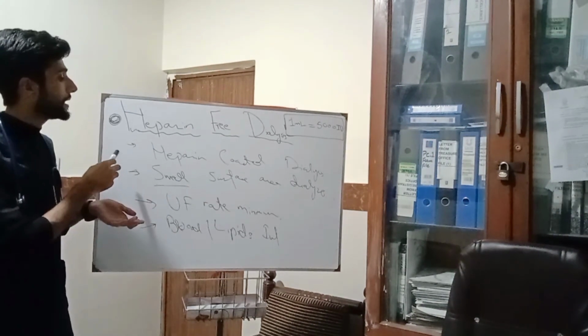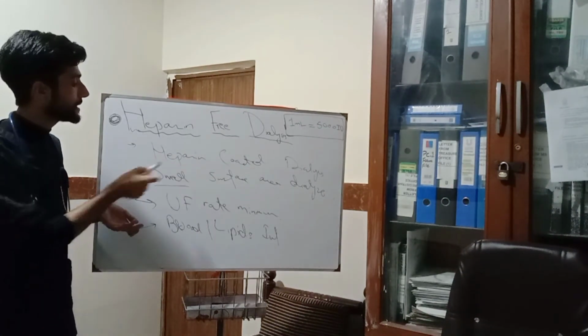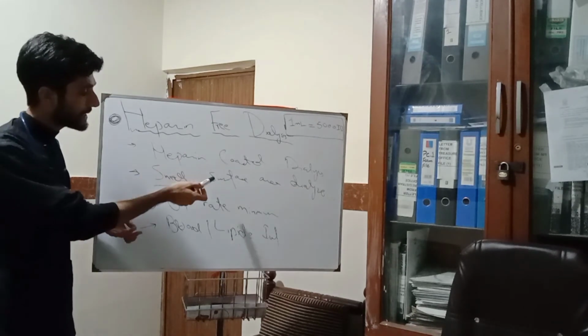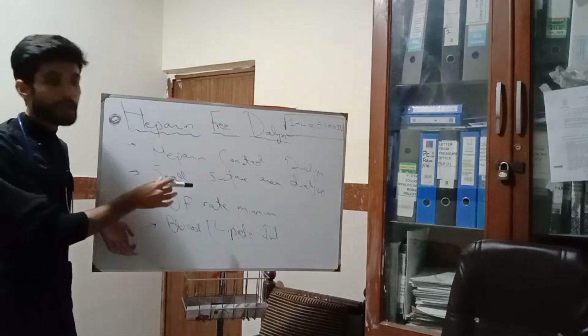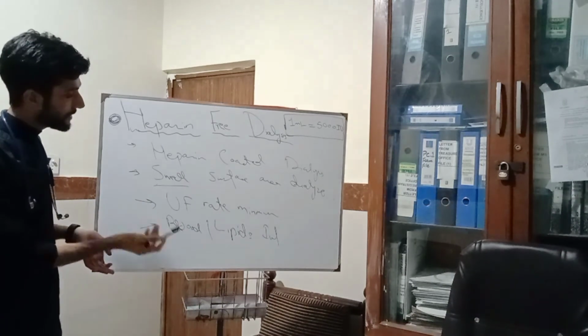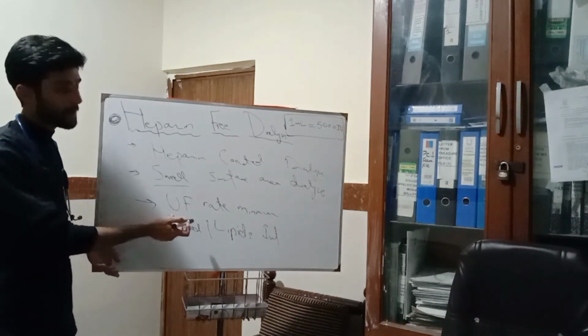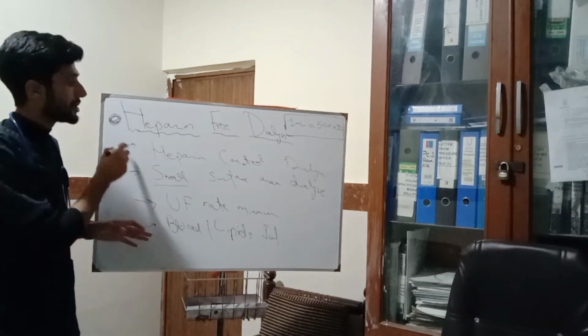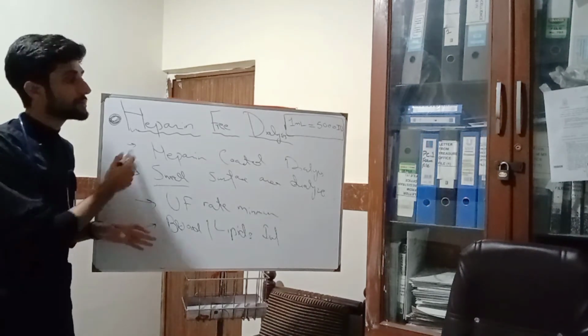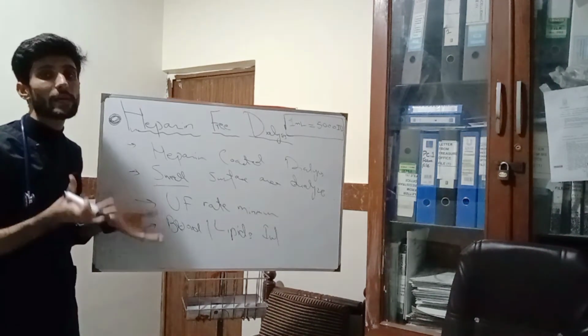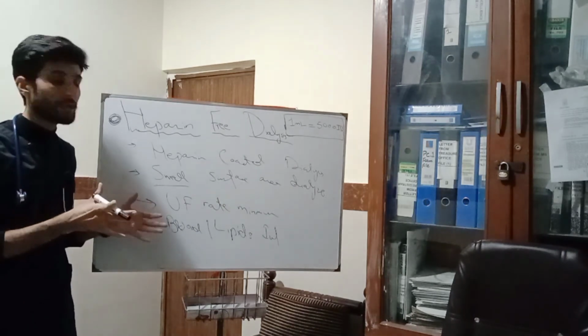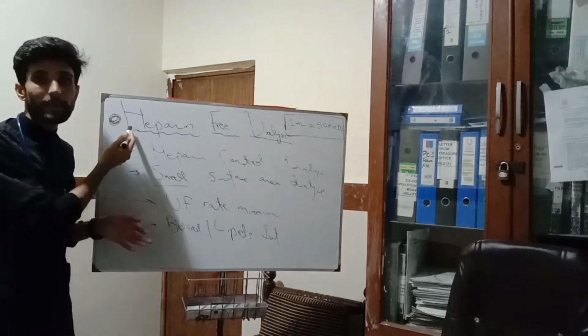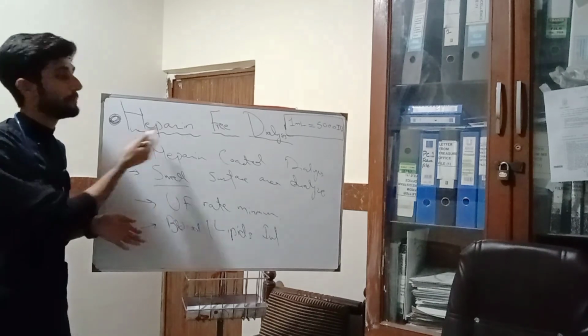And then we can use the heparin coated dialyzer and a small surface area dialyzer. We have to keep the ultrafiltration rate minimum. We have to avoid blood or lipid infusions during dialysis. So this was all about the regimes of heparin, how we can use heparin, and what are the doses of heparin that we use in the routine method, in the tight heparin method, and in heparin-free dialysis.